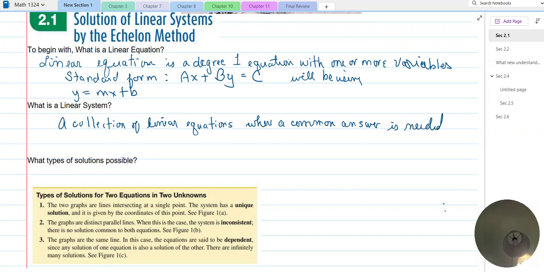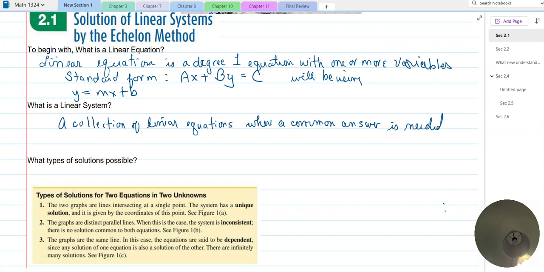In other words, what is the optimization of it? How many can we produce of several things and still be having the whole plant working? Or how many changes must be made to create a design from a marching band? So it's a collection of linear equations which are seeking a common answer.